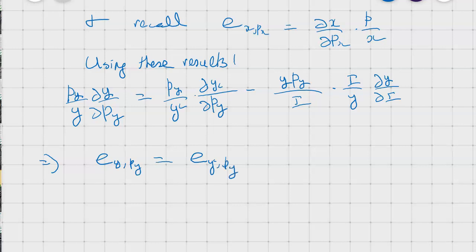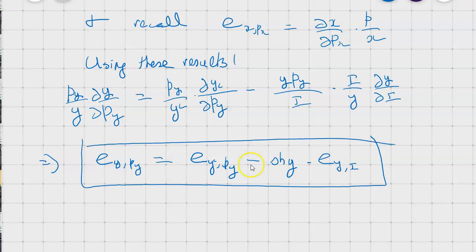So just to recap, what we get is that the price elasticity of demand of y equals the compensated elasticity of demand of y minus the share of y in consumers' income times the income elasticity of demand.